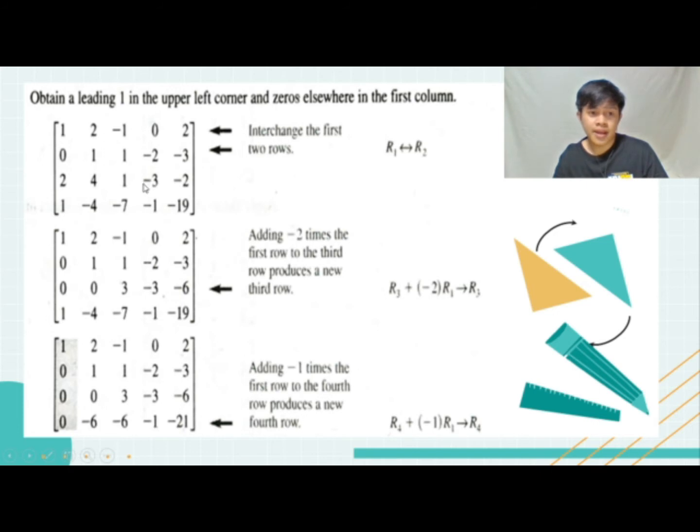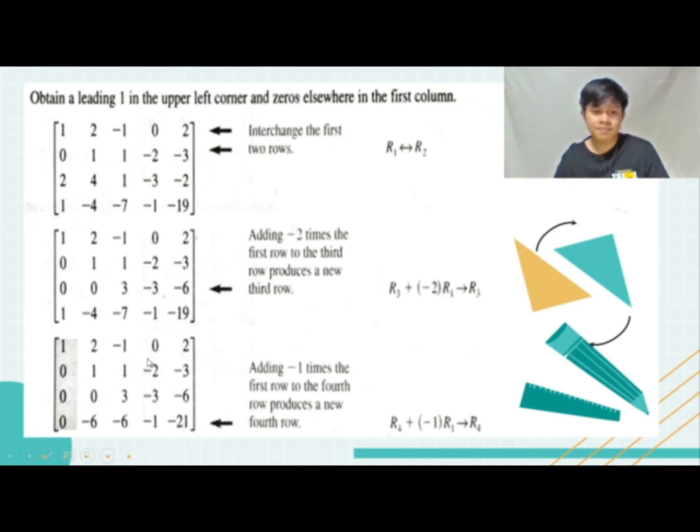And then, negative 3 minus 2 times 0 is equal to negative 3. Okay? The last one is negative 2 minus 2 times 2 is equal to negative 6. Okay, so this is the result now. So, unti-unti po nagiging 0, 0, 0 ang nasa baba po ng 1, ang under ng 1. So, mapupunta po tayo dito sa pivot.